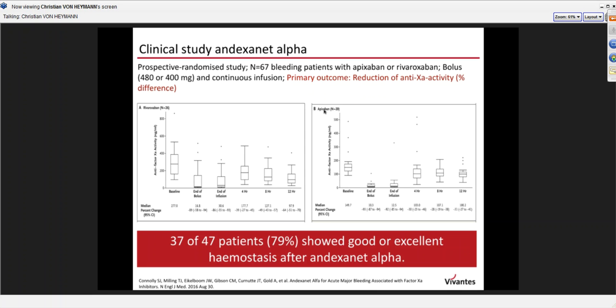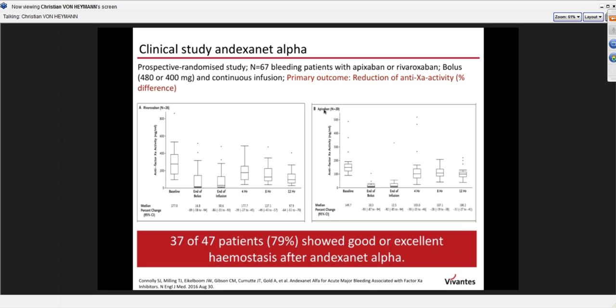We have done some research in this field, and we have tested a new assay for the thromboelastometry device. This assay is based on ecarin, and it measures the dabigatran levels, and our results show a very good correlation between the results of this new assay and the plasma levels that we have measured with the Hemoclot.